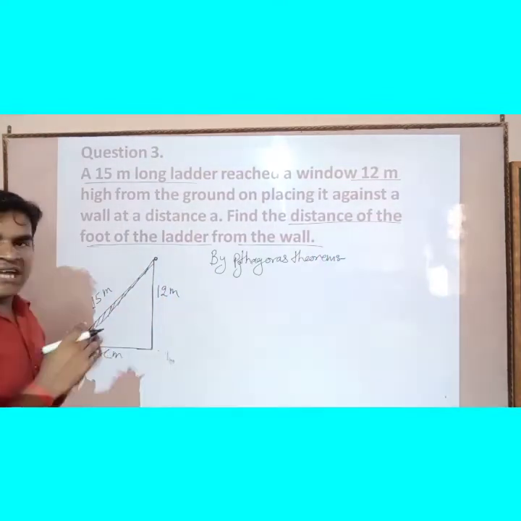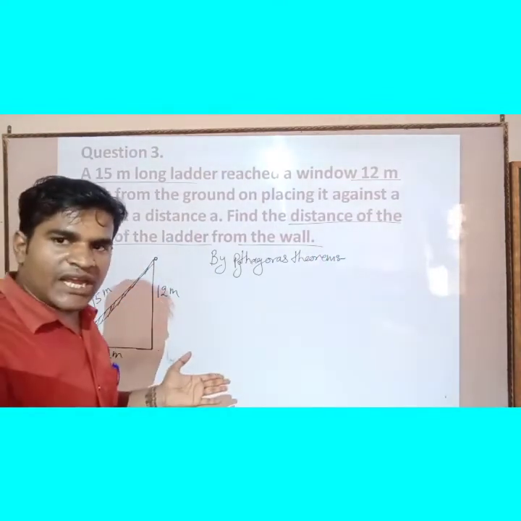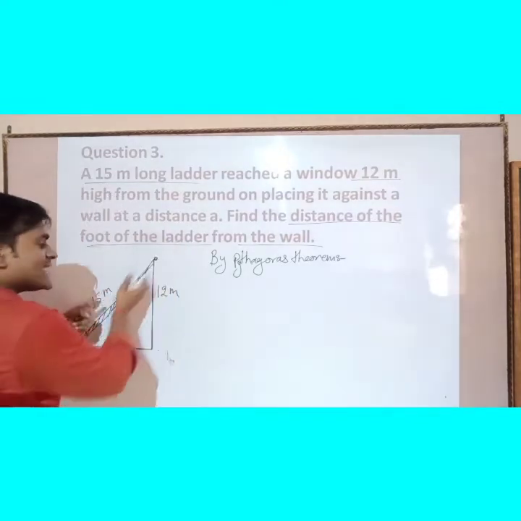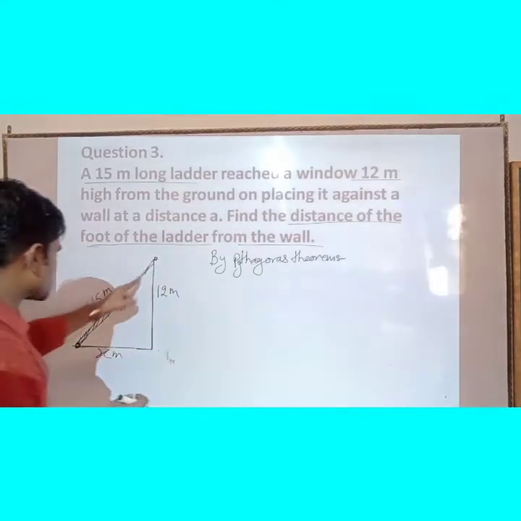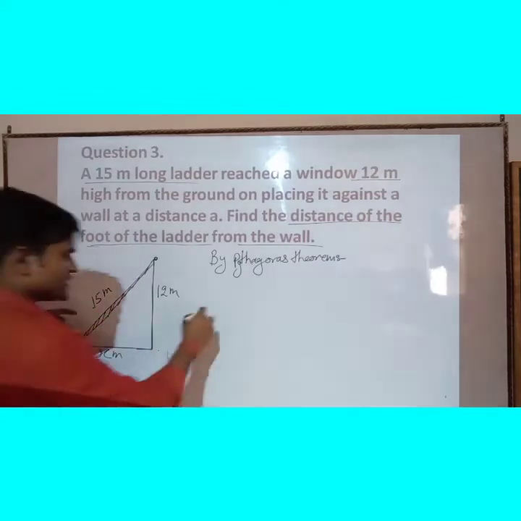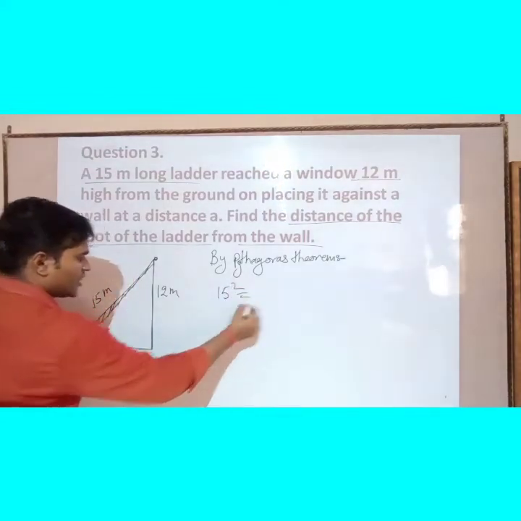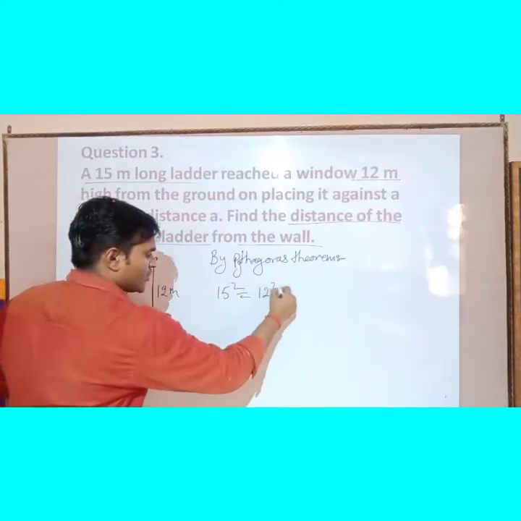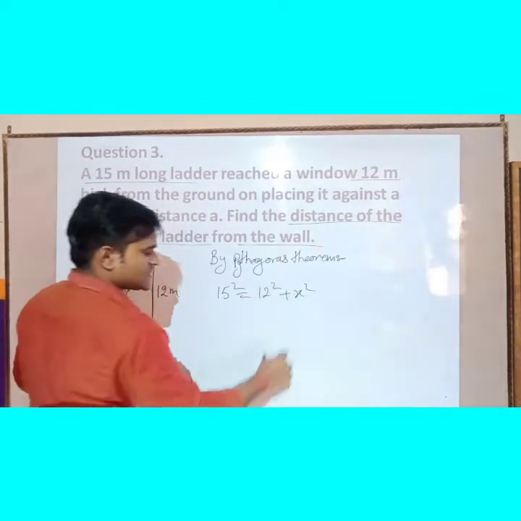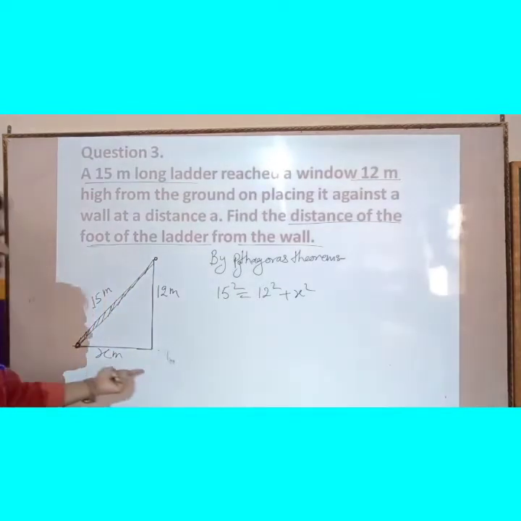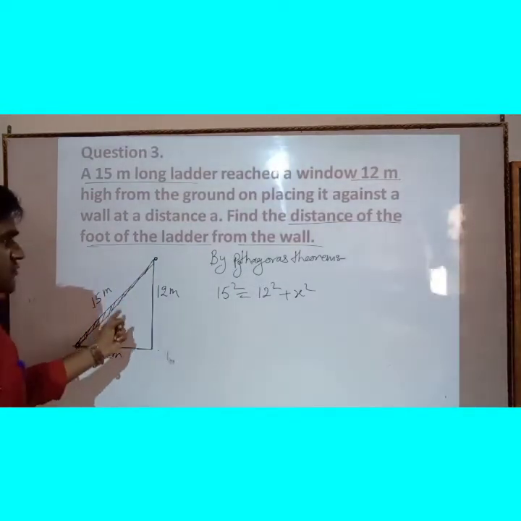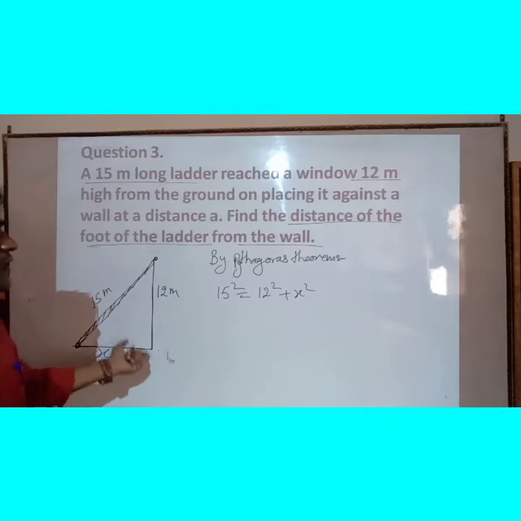theorem. So children, by Pythagoras theorem, as we know that square of hypotenuse, so square of ladder will be there. So children, you have to write square of 15 is equal to square of 12 plus square of x, which we consider the distance of the foot of the ladder from the wall.